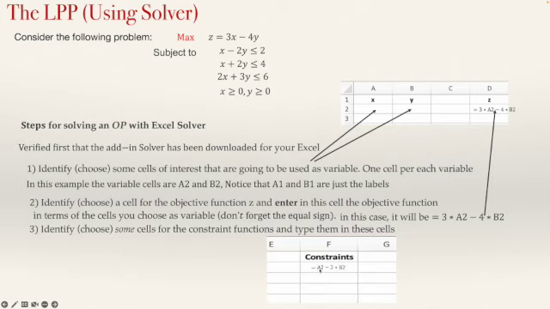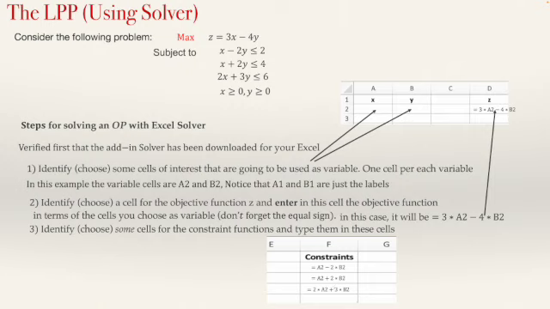So here will be equal A2 minus 2 times B2. That corresponds to this function, x minus 2 times y. The second one will be equal, don't forget the equals, A2 plus 2 times B2. And the last one will be equal, don't forget the equals, 2 times A2 plus 3 times B2. In each case, you press enter. So now you have the 3 constraints, and now you can start thinking about opening solver.